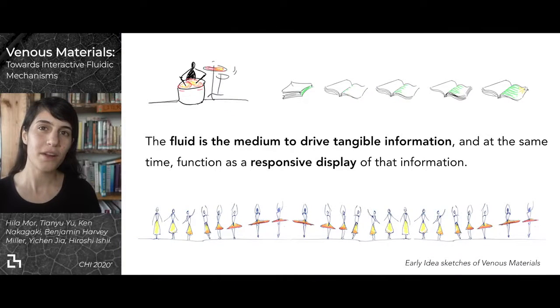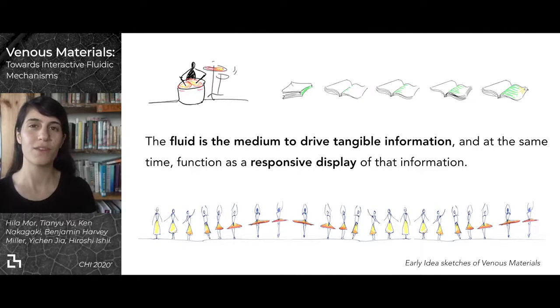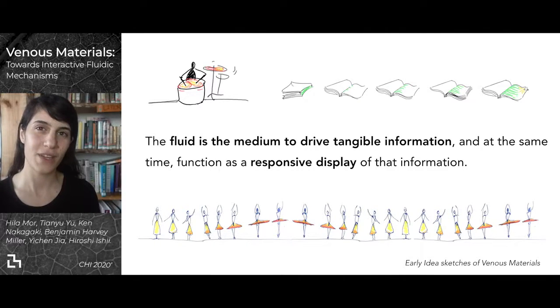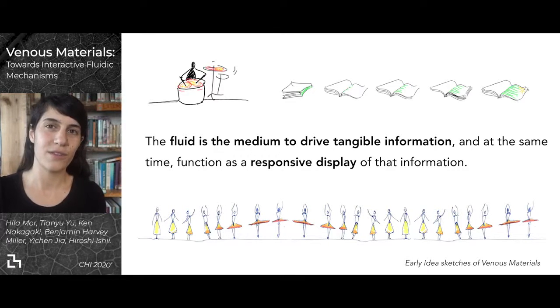And with this new paradigm, it's really exciting to think about how to imagine the world with this new type of interactive fluidic mechanisms. And it's a great opportunity to design these mechanisms to be embedded in objects across scale and across different functionalities, from books and packaging to instruments and wearables and interior design objects and more.